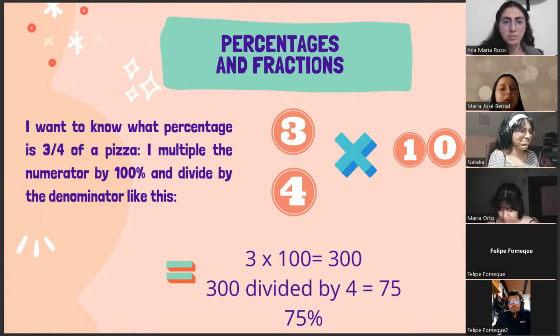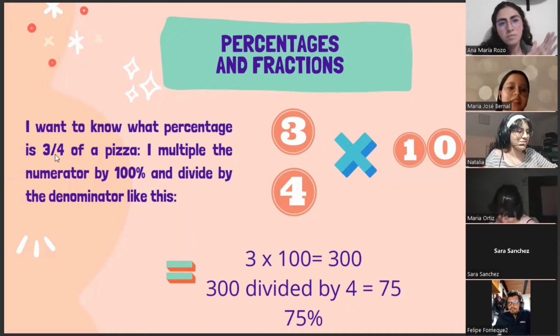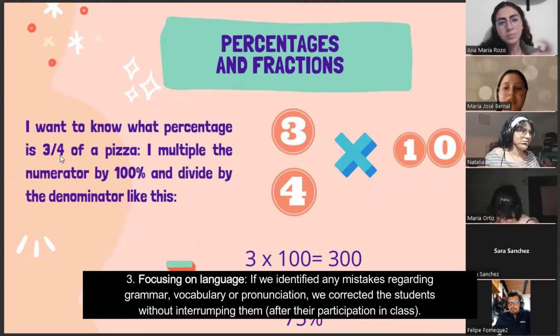So this is a little example that I have here to understand how fractions and percentages work. Sarah, can you please read the example I have? So I want to know what percentage is 3 out of 4 of a pizza. Remember, when the denominator is 4, you read it as 3/4.